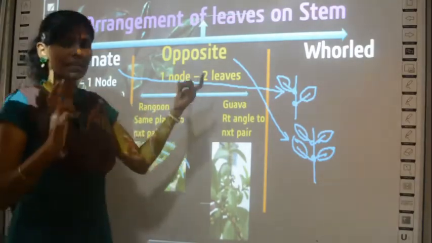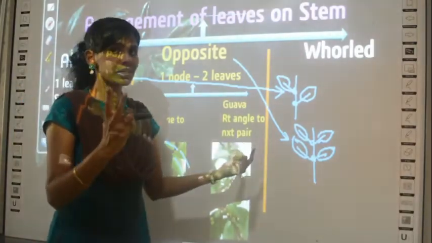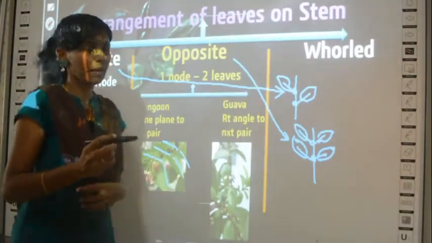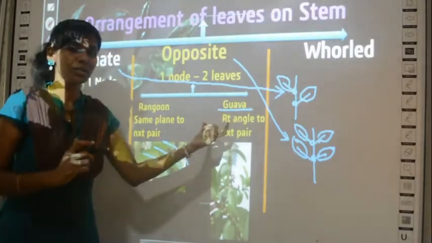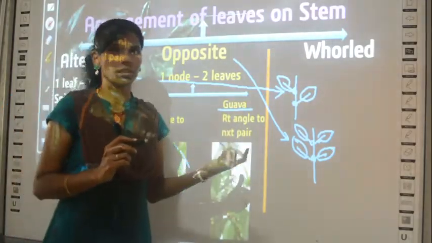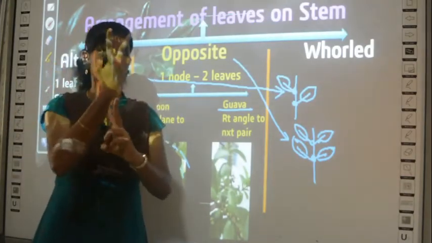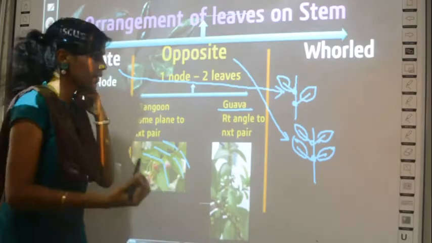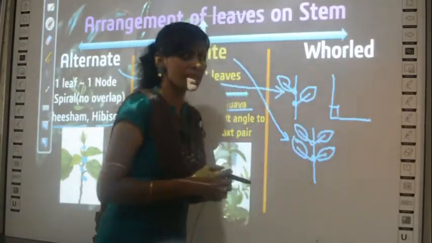But sometimes in one node, when there are two leaves, say for example in guava plant, the pairs are arranged at right angles to each other. What does this mean? If one pair is like this, another pair is like this. What is right angle? Right angle means 90 degrees, right? So this is right angle.